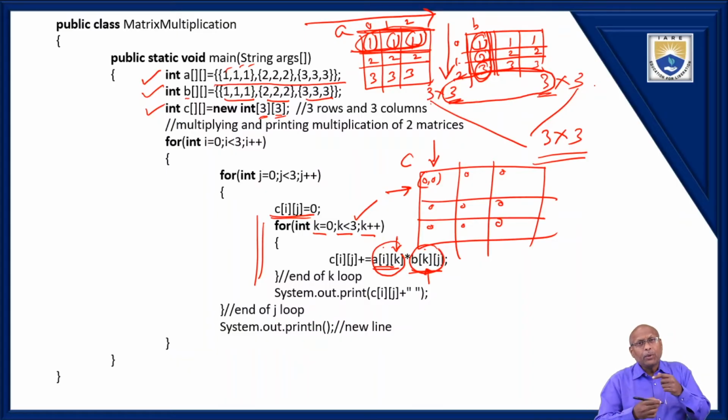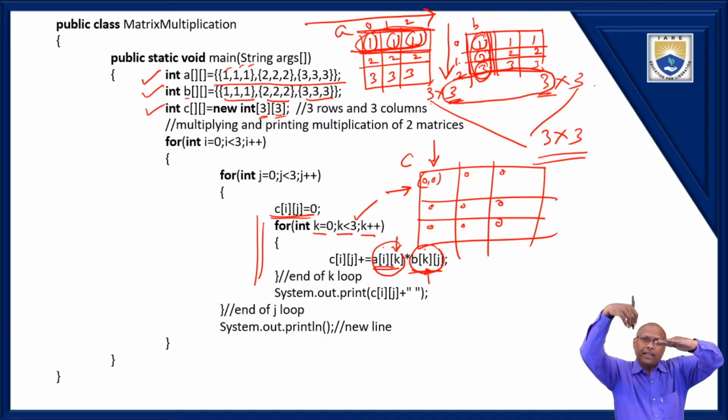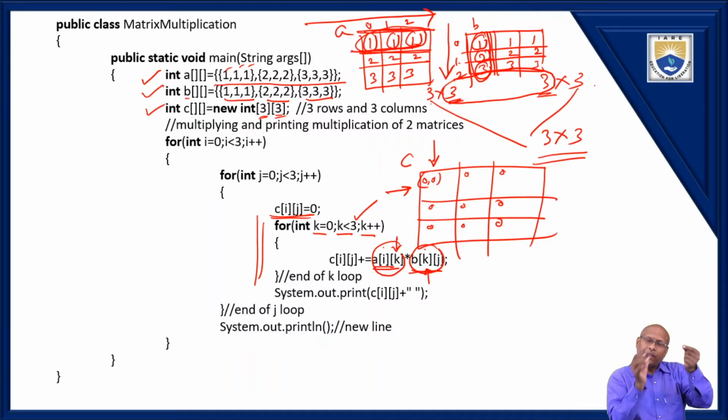So every time you have to go in the opposite direction. This goes horizontal, that goes vertical. The k value is changing: for the first matrix, k acts like a column; for the second matrix, k acts like a row. So that's why you have to write this k value in the proper place.